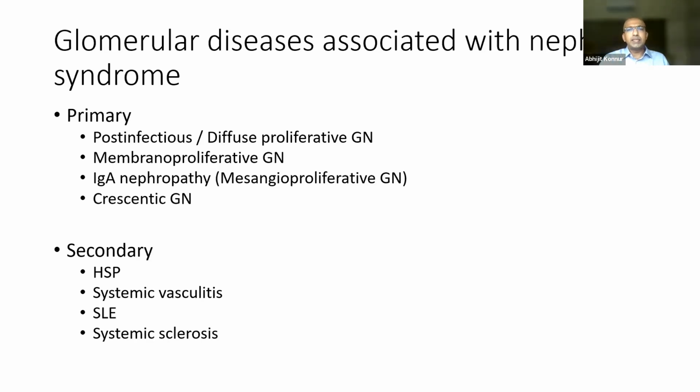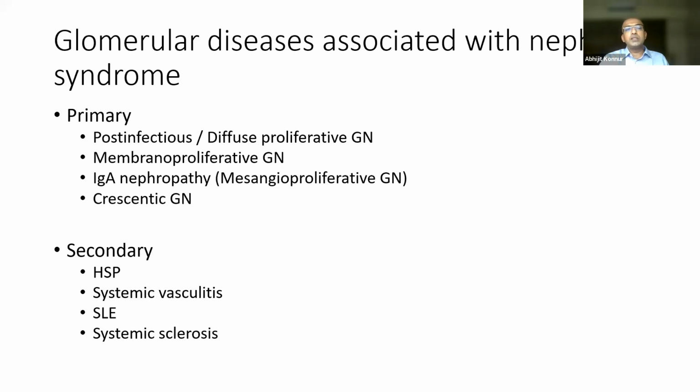So glomerular disease associated with nephritic syndrome are primary or secondary. Those associated with nephritic syndrome are either post-infectious or diffuse proliferative glomerulonephritis, membranoproliferative glomerulonephritis, mesangioproliferative glomerulonephritis, and crescentic GN. I want to draw everybody's attention to the proliferation that is occurring here. That means the increased number of cells. In the post-infectious or diffuse proliferative, they are essentially dealing with cells which are coming from outside the glomerulus.